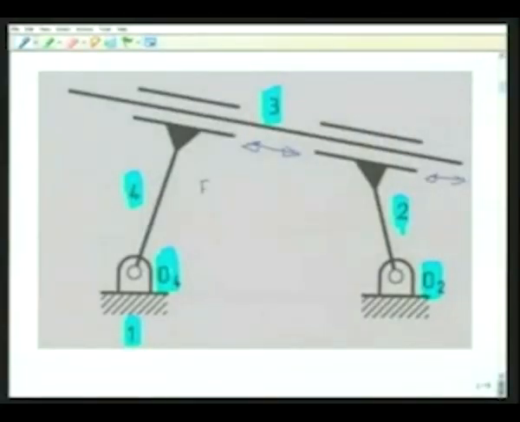So, if we apply the formula bluntly, that is F equal to 3 times (n minus 1) minus 2j, we get, there are 4 links, so this is 3 into (4 minus 1), 3 into 3, minus 2 times j. There are 4 kinematic pairs, 2 revolute and 2 prismatic, so 2 into 4, which gives F equal to 1.